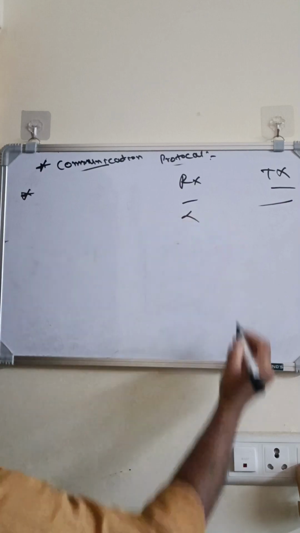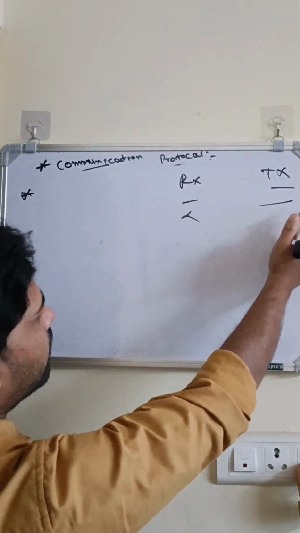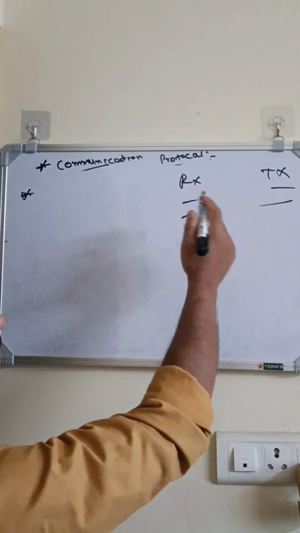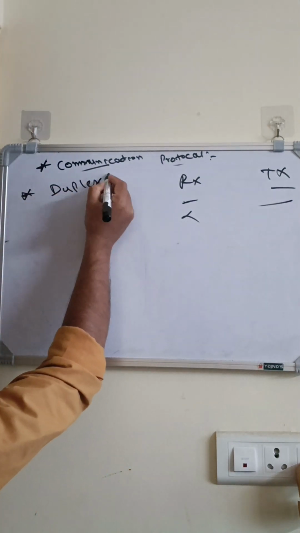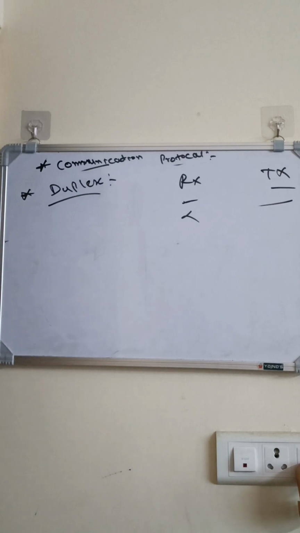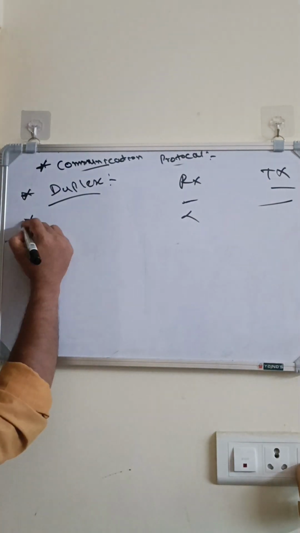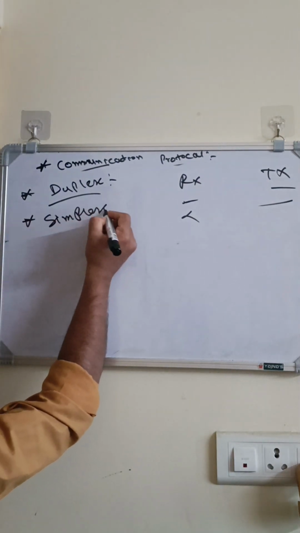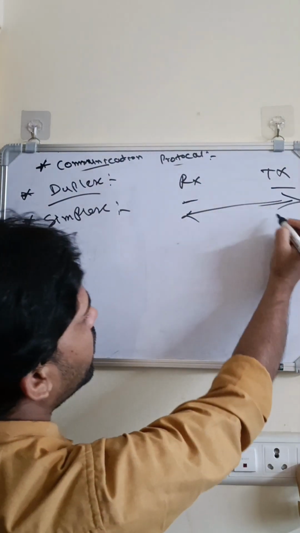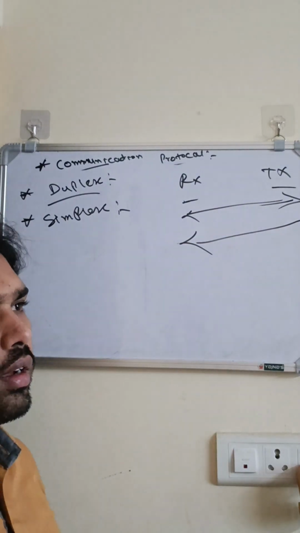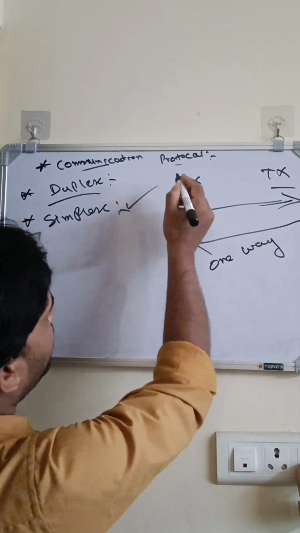When we transmit the data from receiver to transmitter and transmitter to receiver, that is known as duplex. Now coming to simplex. Here also we are transmitting the data between RX and TX, but there is only one way, that is known as simplex.